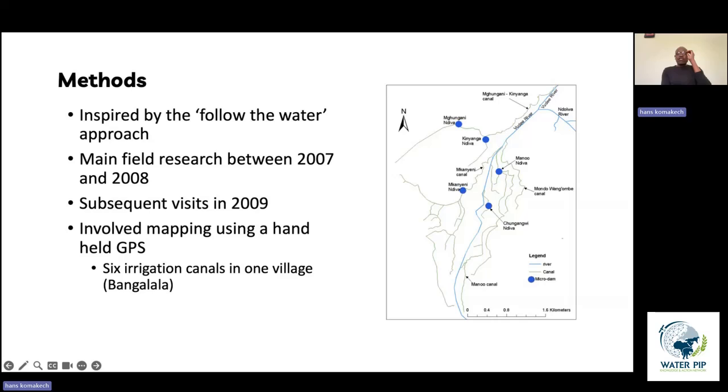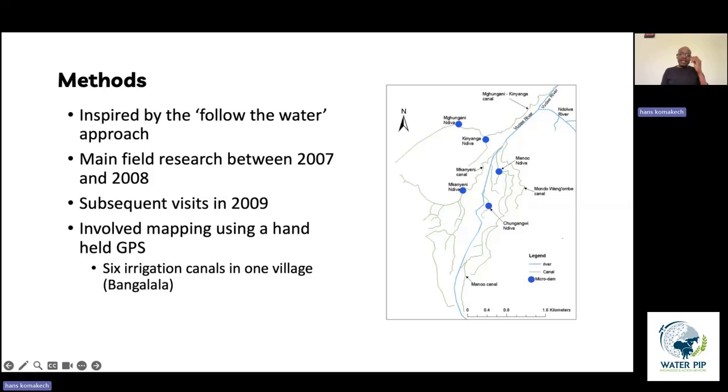We did field work in 2007 and 2008, and I had a subsequent visit in 2009. During that time, the work mainly relied on GPS, so it involved a lot of walking around with a GPS, identifying locations and digitizing them.